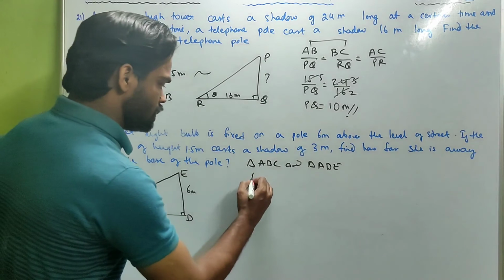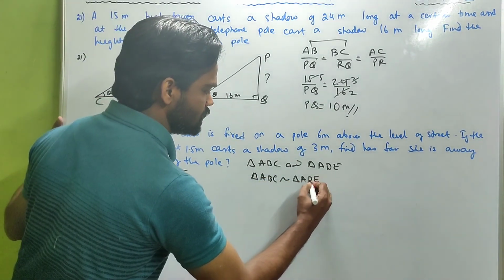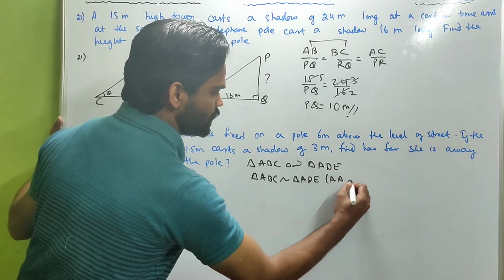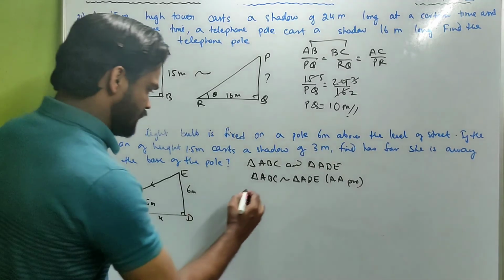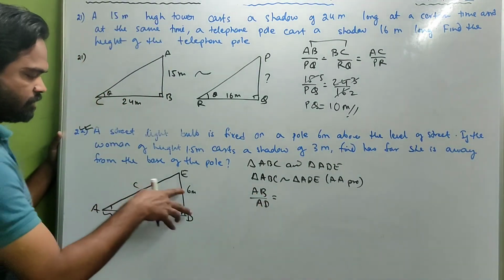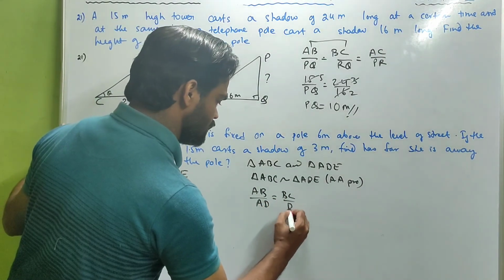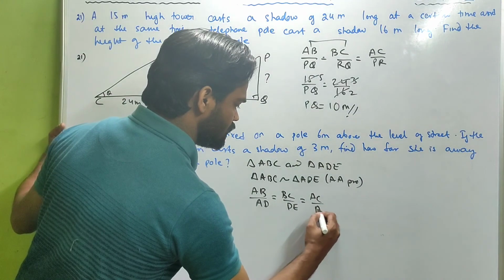If they are similar, triangle ABC is similar to triangle ADE, angle property. Then we can say that AB by AD is equal to BC by DE is equal to AC by AE.